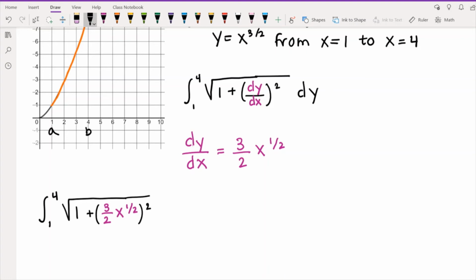And I don't know why I wrote dy here. Sorry, that should be dx. My bad. So what happens when we square this? Well, it becomes just x, right? The x to the 1/2, that's square root of x. When we square it, it becomes x, and then the 3/2 becomes 9/4. So now we have the square root of 1 plus 9/4 times x dx.